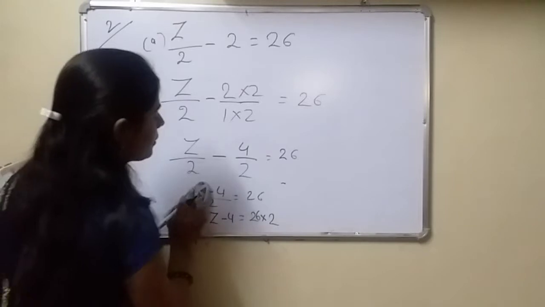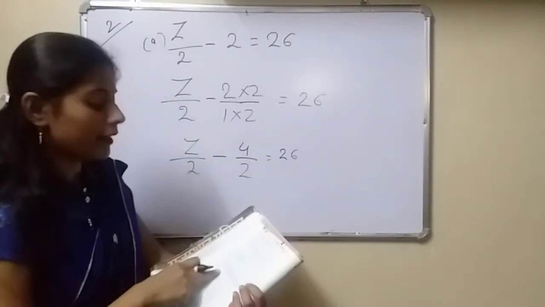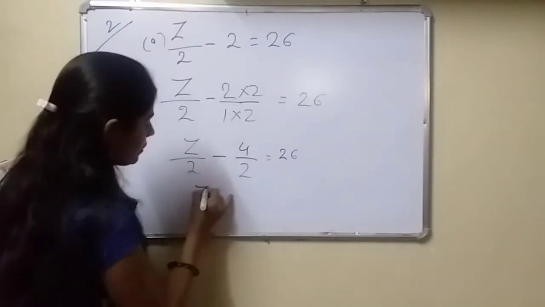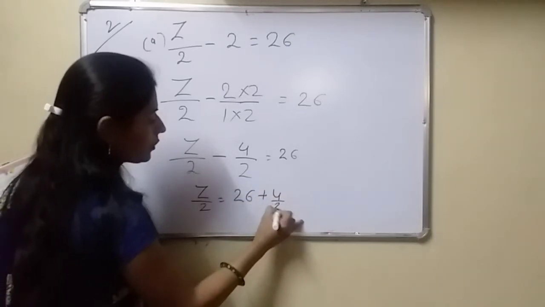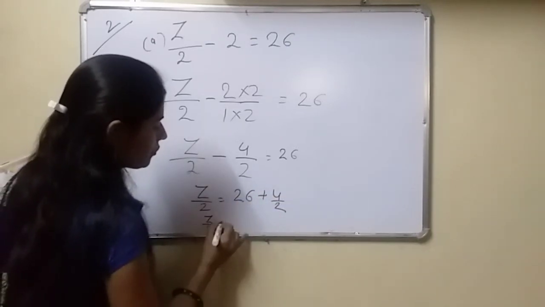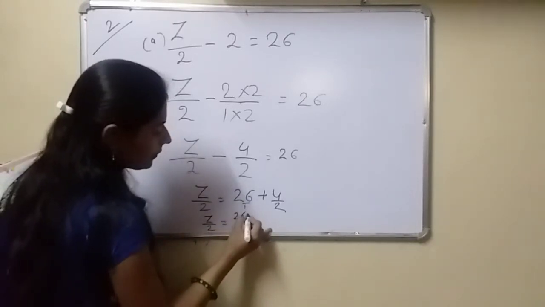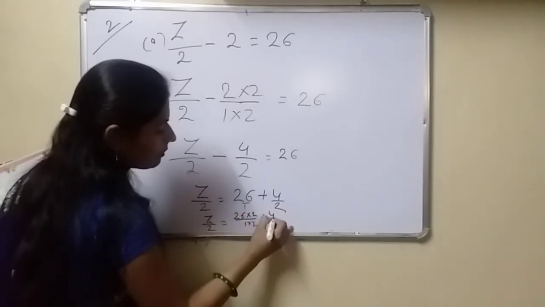Okay, no, wait. Here they have asked for the value of Z by 2, so you can directly find the value of Z by 2. So Z by 2 is equal to 26 plus 4 by 2. You can directly multiply it, so 26 multiplied by 2 by 1 multiplied by 2, plus 4 by 2.